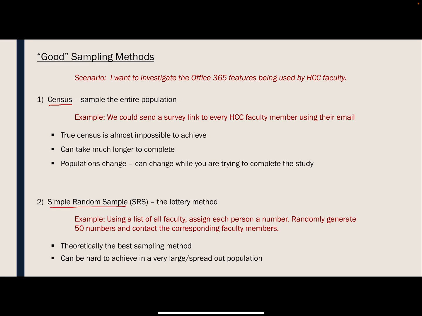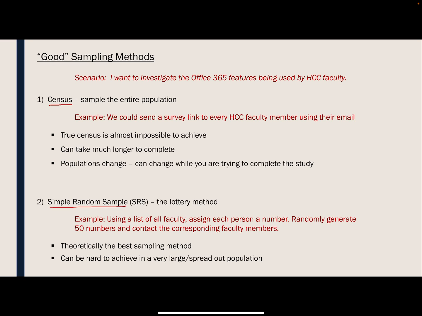So in my scenario here, I would just use a list of the entire faculty. I would assign a number to each person, and then say I just randomly generate 50 numbers and contact those corresponding faculty members.